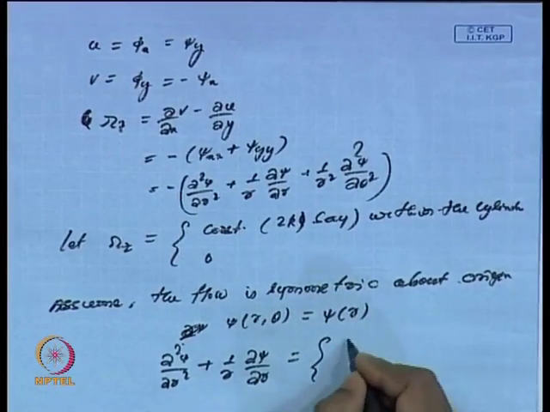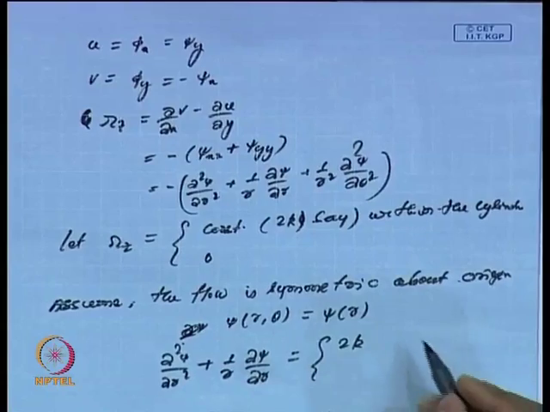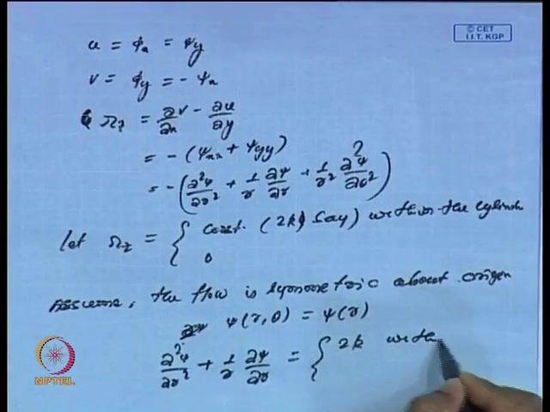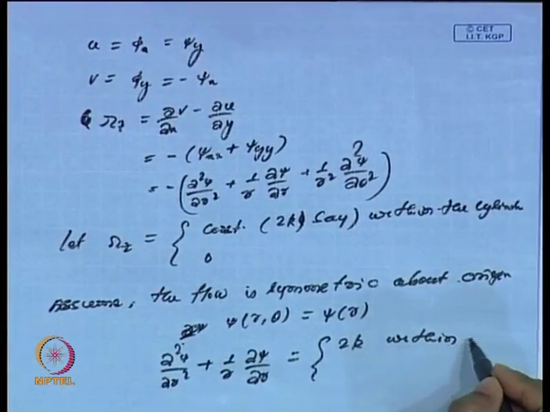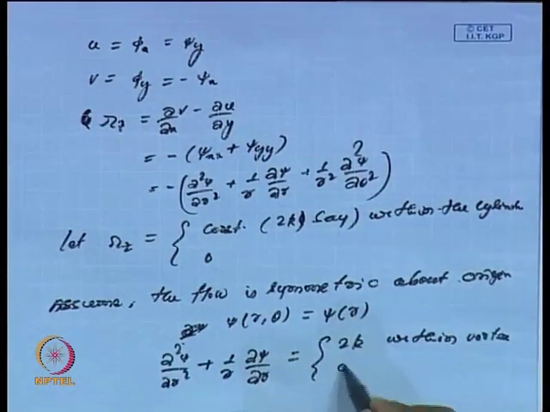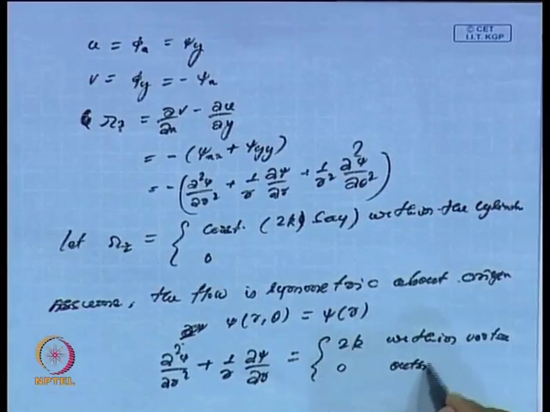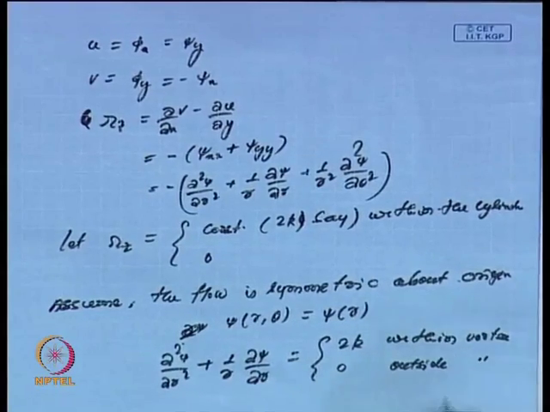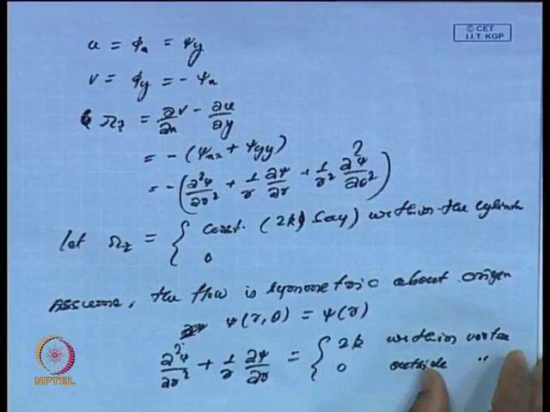This is 2k within the cylinder, within the vortex, because the cylinder itself is the vortex tube, and this is 0 outside the vortex, because the vortex is of a certain radius r equal to a, if I say.